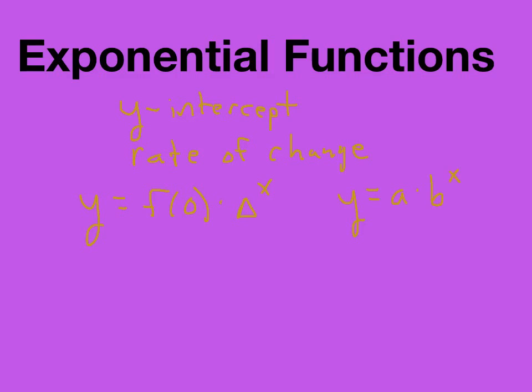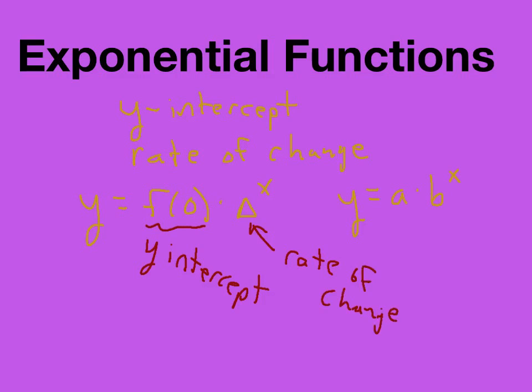In this case, f of 0, just like with linear, is still your y-intercept. Delta is still your rate of change. So the pieces are the same, they just look a little different when we take care of them.